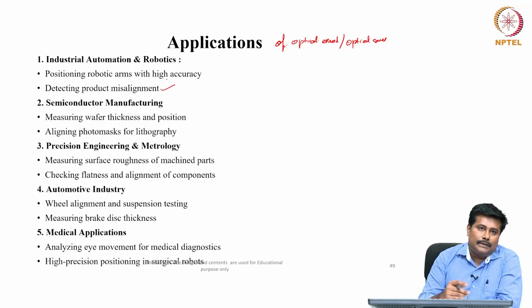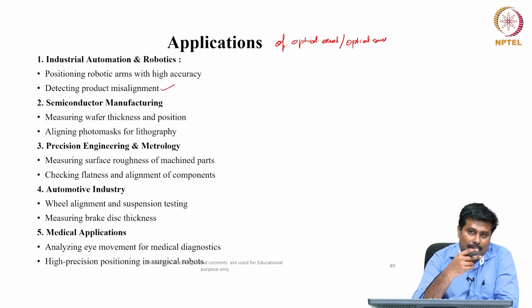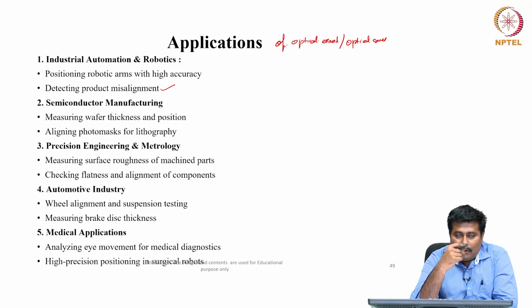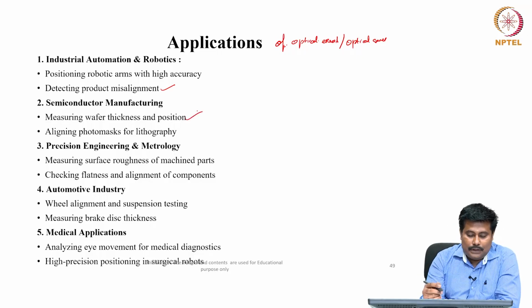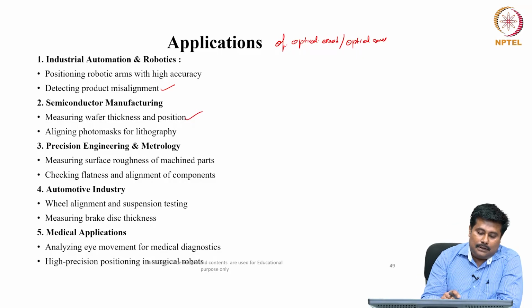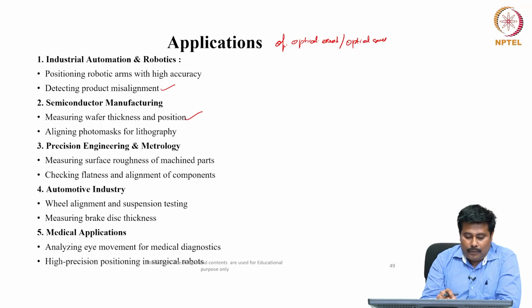Next, it has a potential application in semiconductor manufacturing, especially wherever we are looking for micro manipulation. Measuring the wafer thickness and position can be easily monitored using this. So, these systems are efficiently deployed for aligning a photo mask for a lithography process.